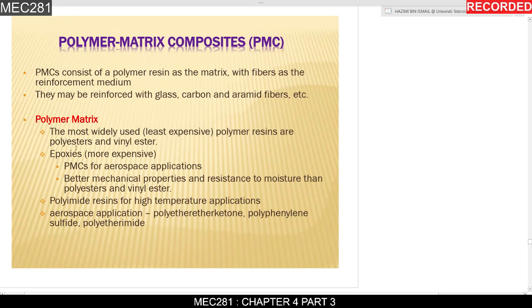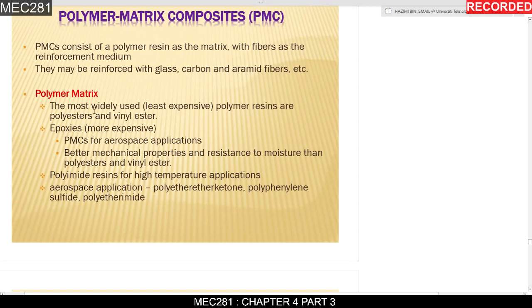Okay, polymer matrix mostly uses polyester and vinyl ester. This is an example. Okay, so epoxies, PMCs for aerospace application, have better mechanical properties and are more resistant to moisture than polyester and vinyl ester.